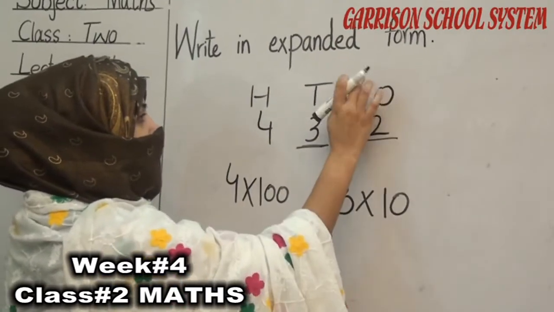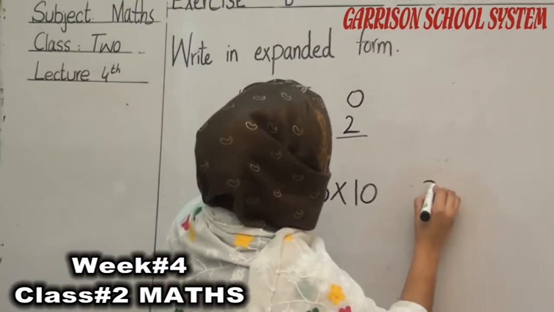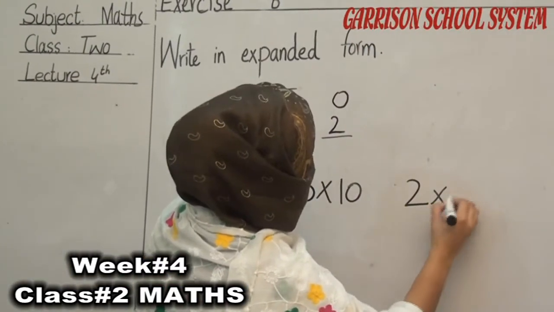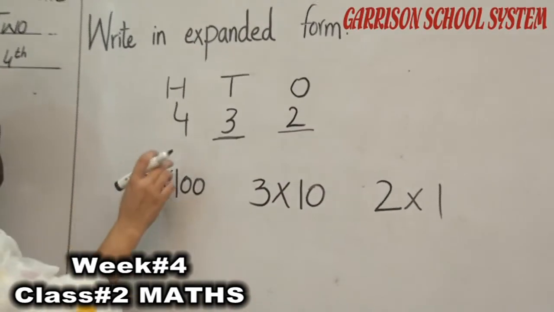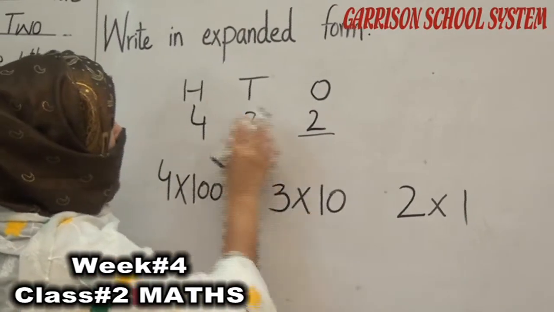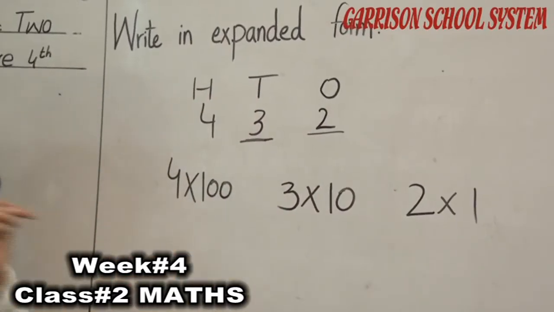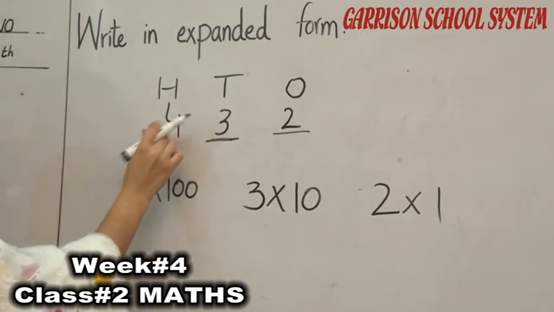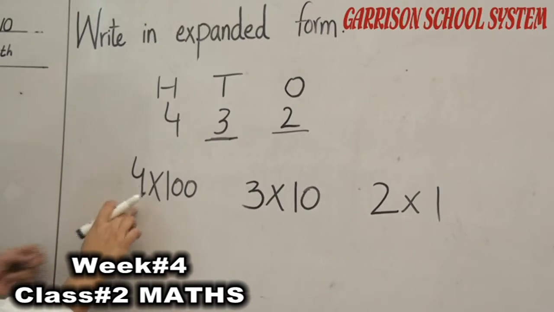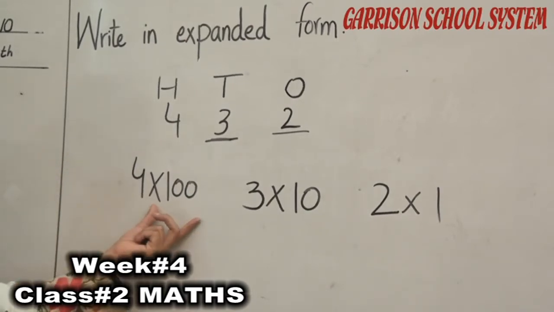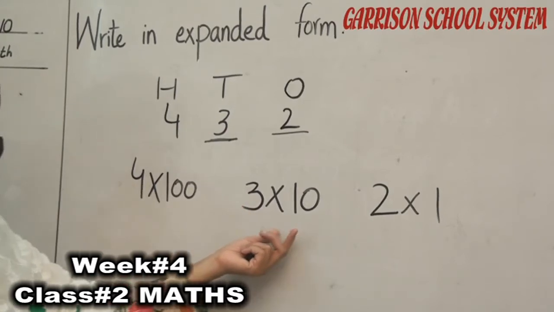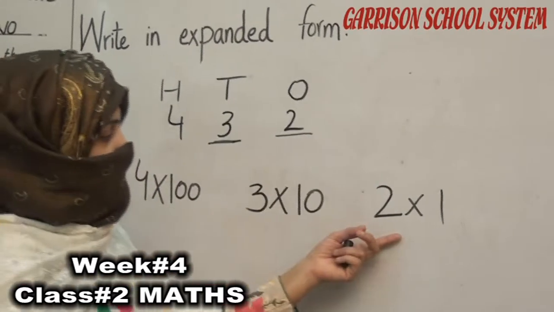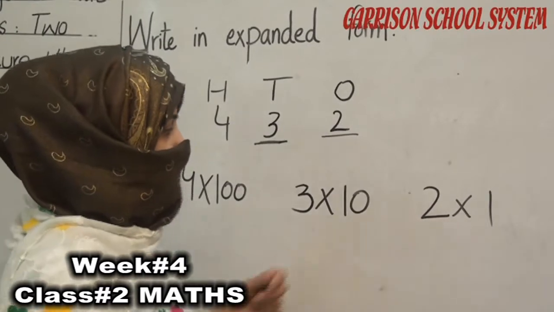Its value is ones, so we multiply 2 by 1. In expanded form, we have to break all the numbers according to their place value.